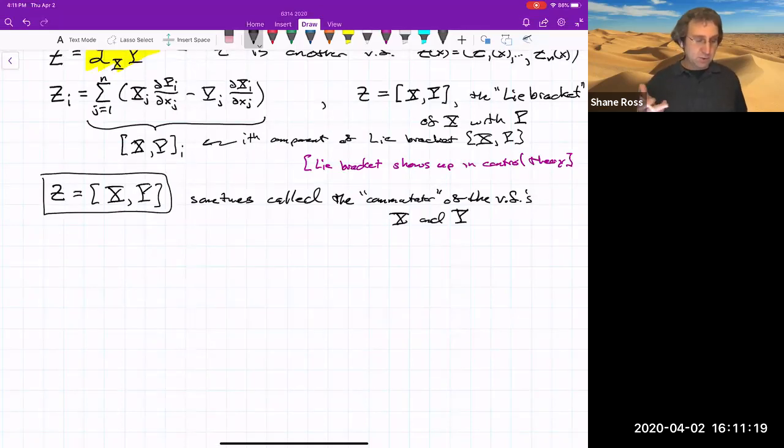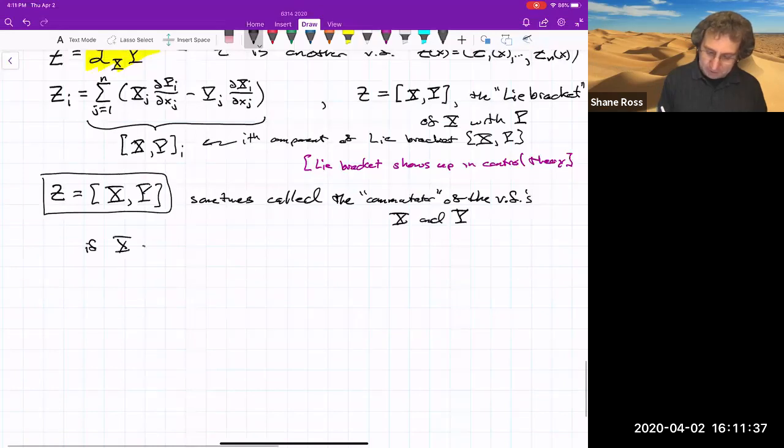You know that if two square matrices A and B commute, then A times B is the same as B times A. Here, in terms of vector fields, it's different.